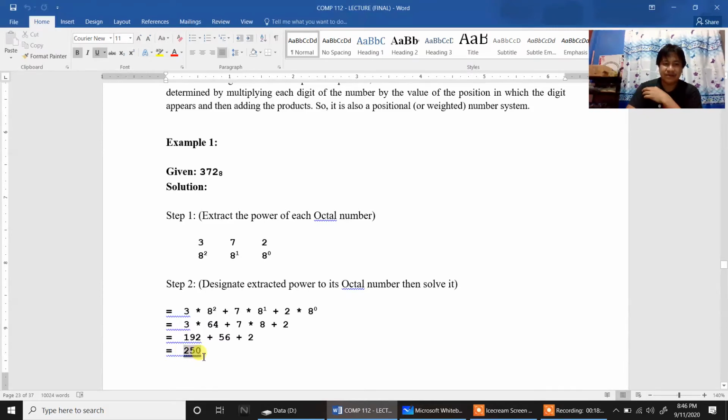So that is the value of the octal to decimal. The decimal value in the decimal number system came from the octal, which is 372. Okay? So let's try to have one example.